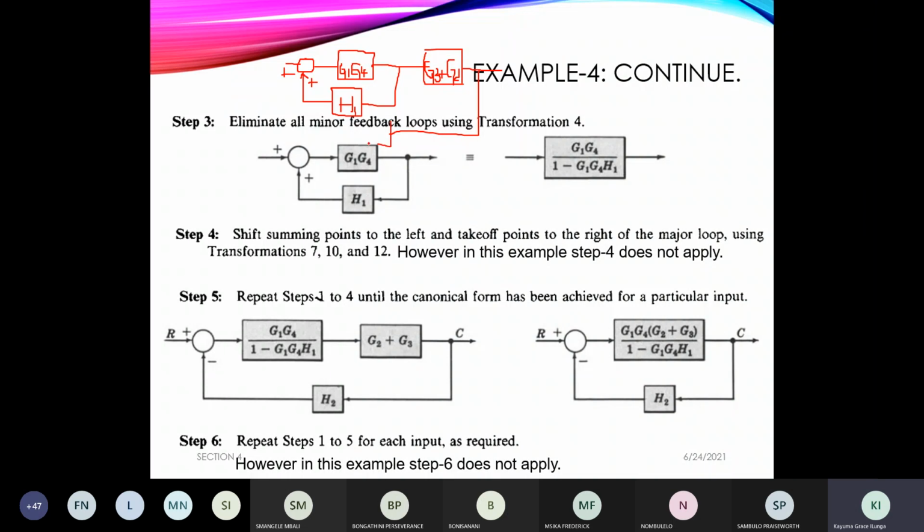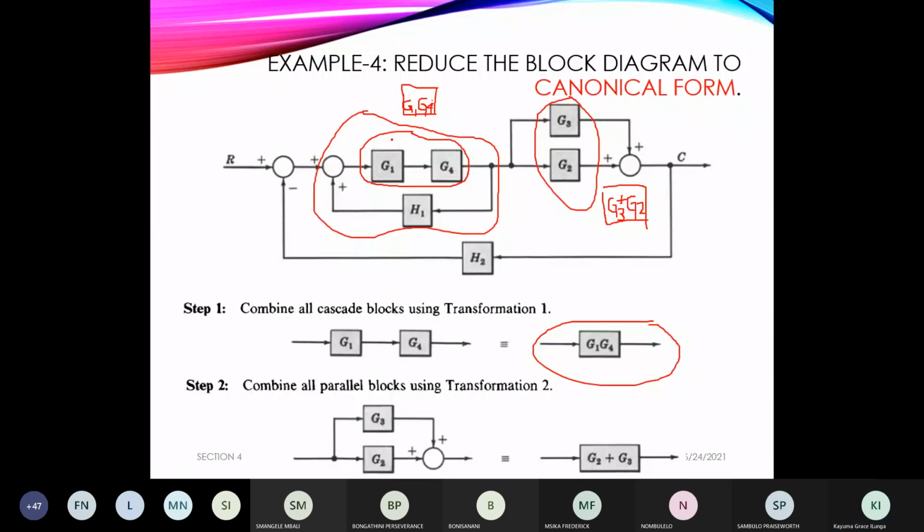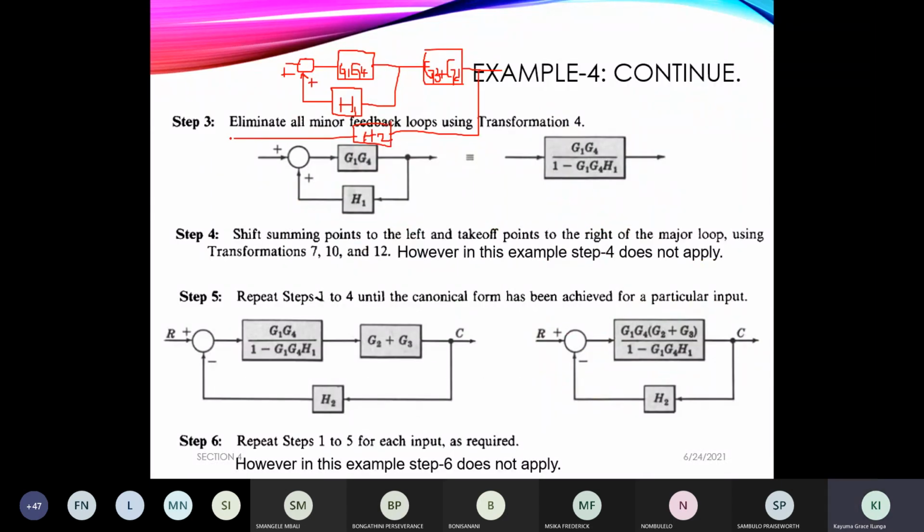So this one is going to be H2, H2 going to this. There's another summing point somewhere there. Then connect this. Okay, if you can see this one, you will know that.